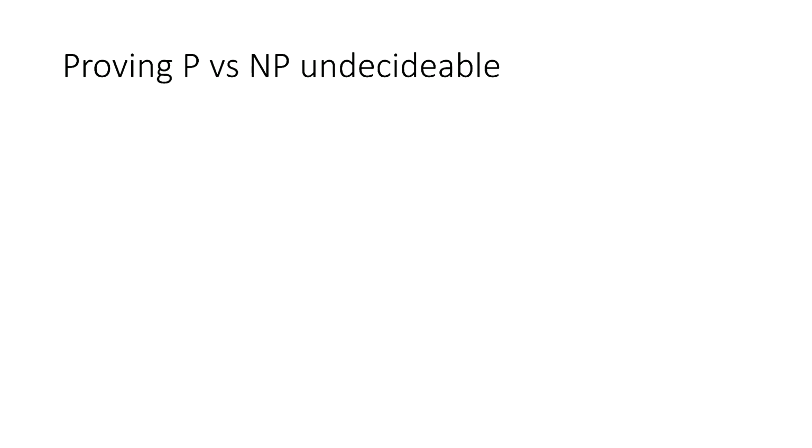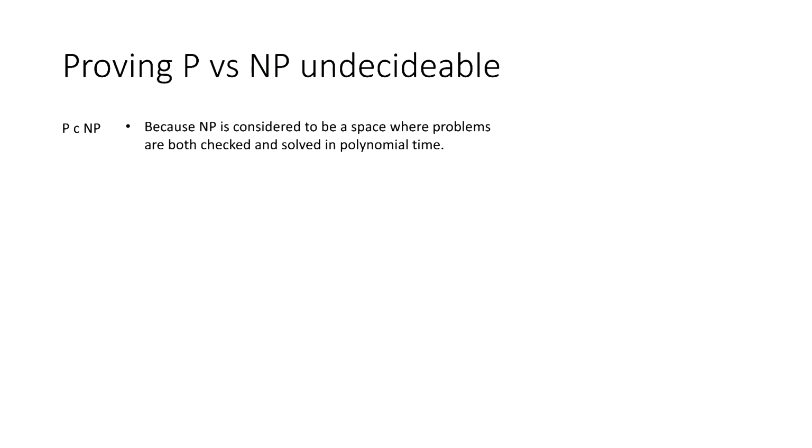So now here's what I'm going to do to prove P versus NP is undecidable. We know that P is a proper subset of NP when we consider that these are problems solvable in polynomial time regardless of the algorithm.